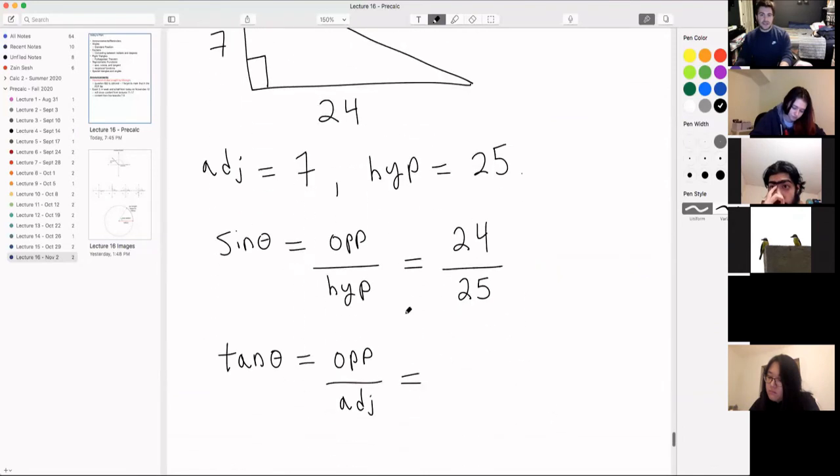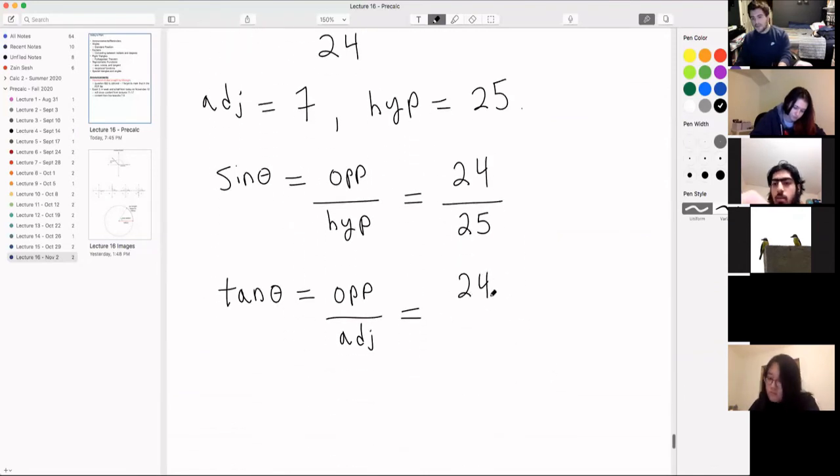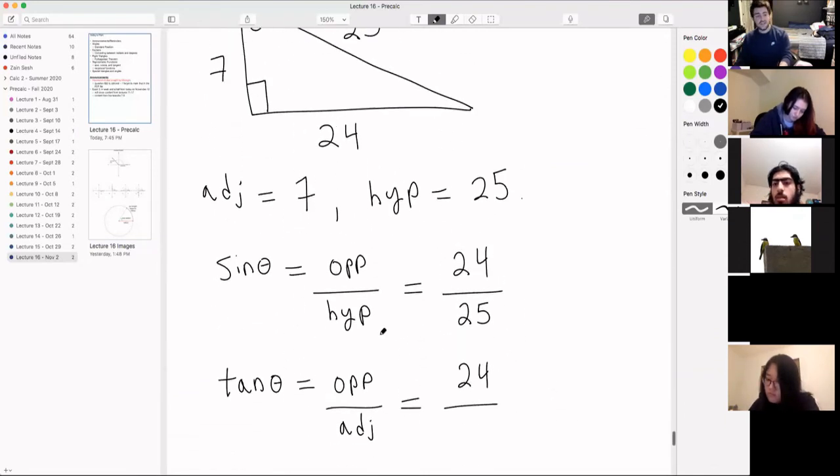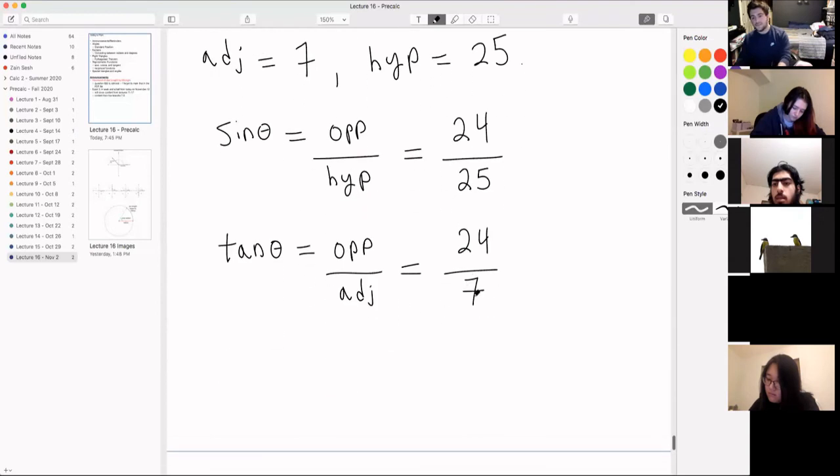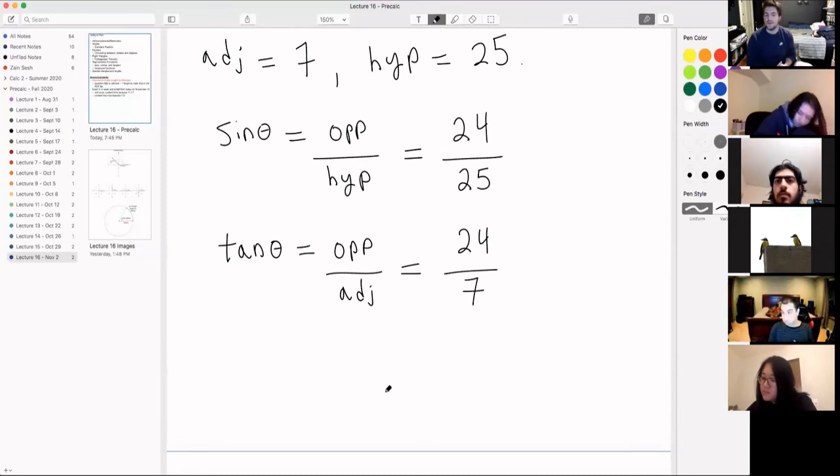Opposite is 24, divided by the adjacent side, which is 7. And that will be that. This question forced us to do an extra step: we needed to find one of the missing leg lengths, and then we could fill in our opposite, adjacent, and hypotenuse.